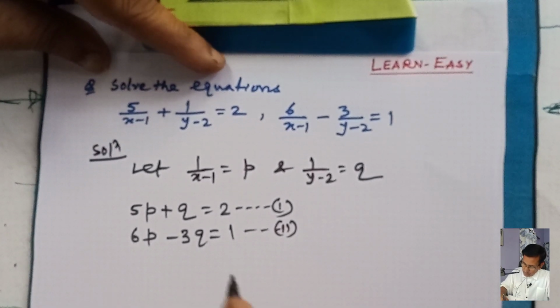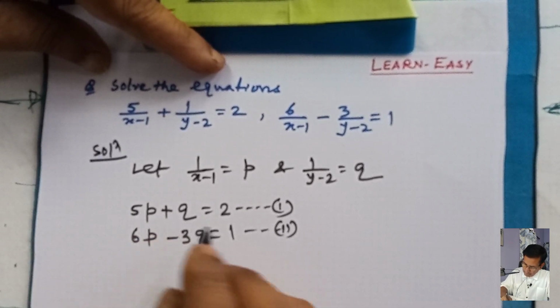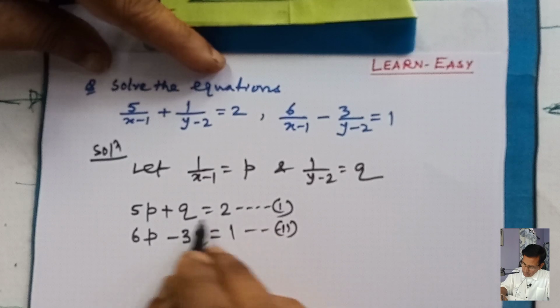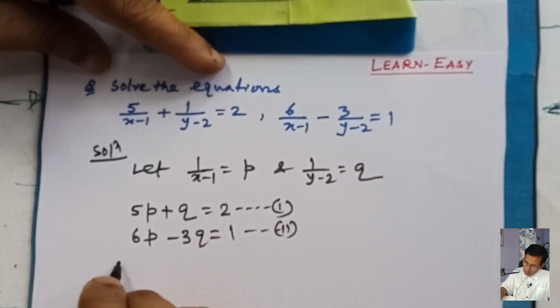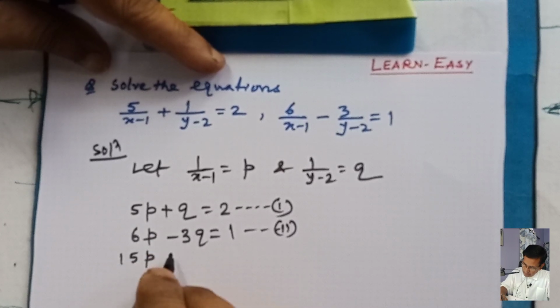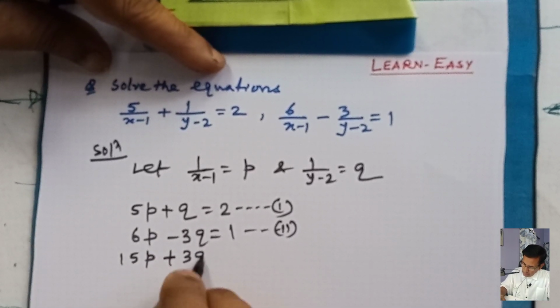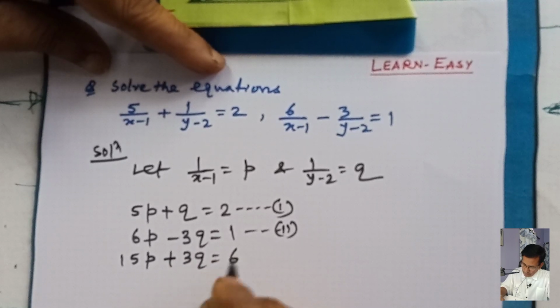For solving this equation, let us multiply equation number 1 by 3. So it will give us 15p plus 3q is equal to 6.